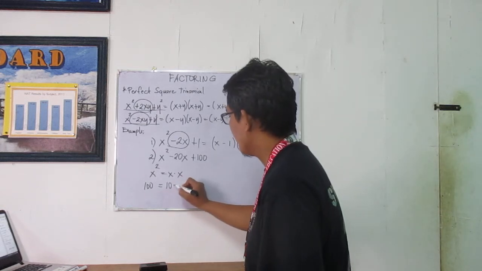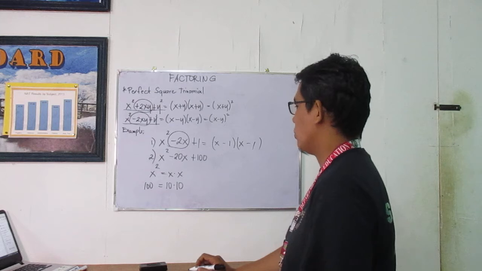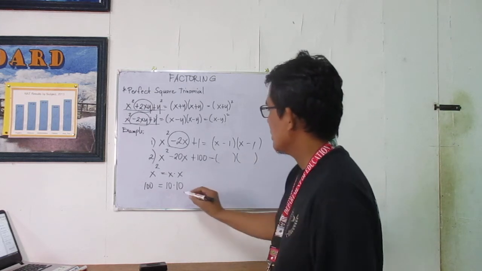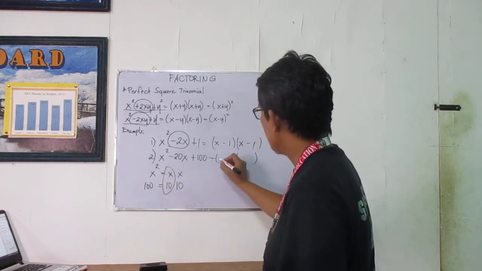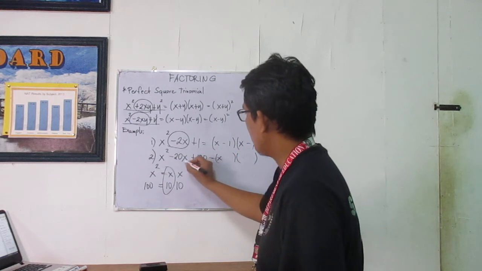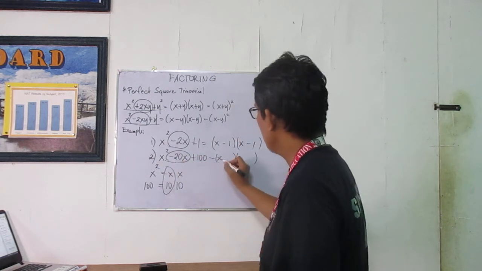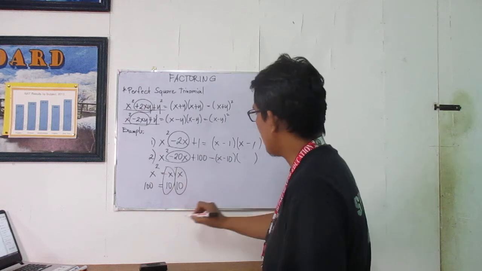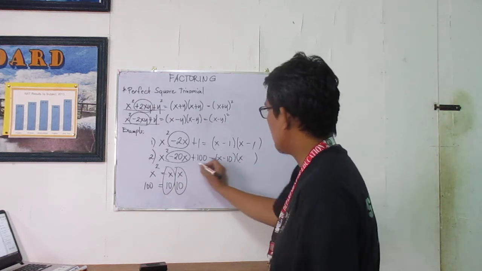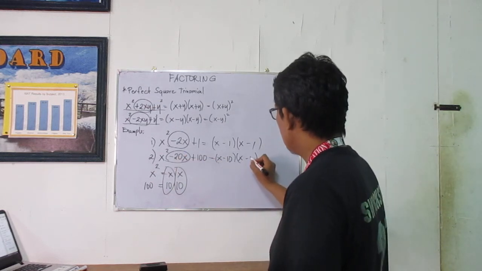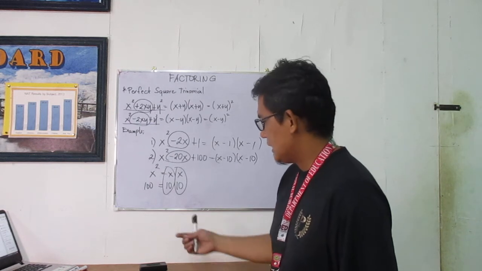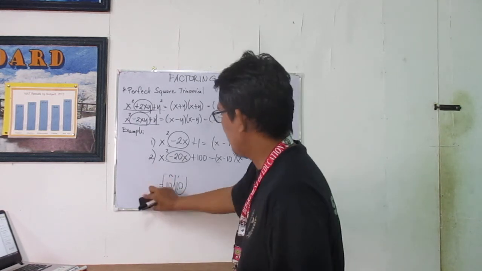So 10 times 10 is 100. Then let's now solve for the factors. Copy the first one, x, and whatever the sign of our middle term will be, minus 10. And lastly, copy the second factor. Again, whatever the sign will be, the sign here, x minus 10. Easy.